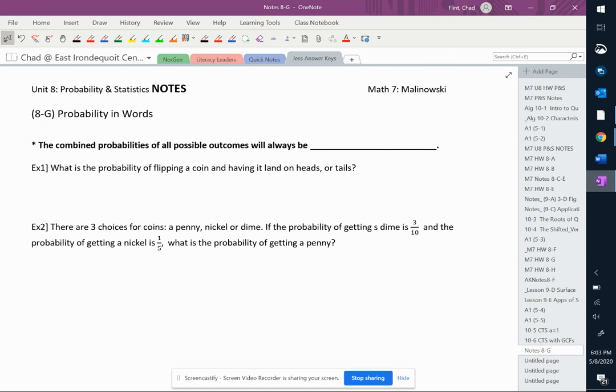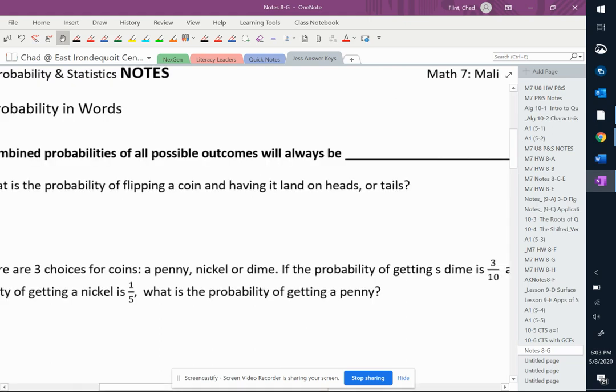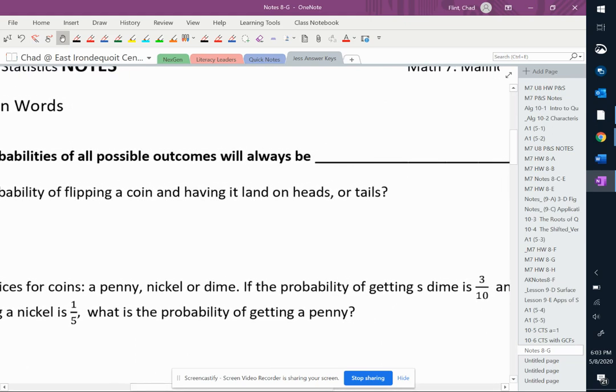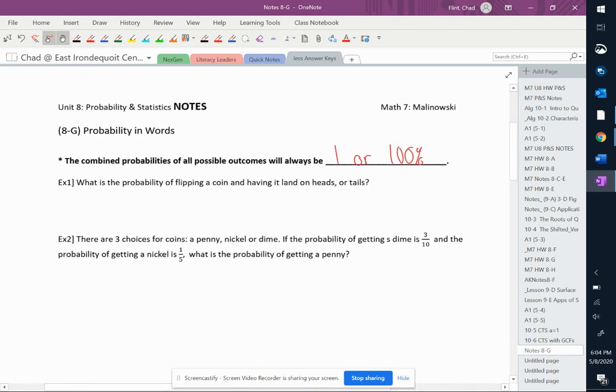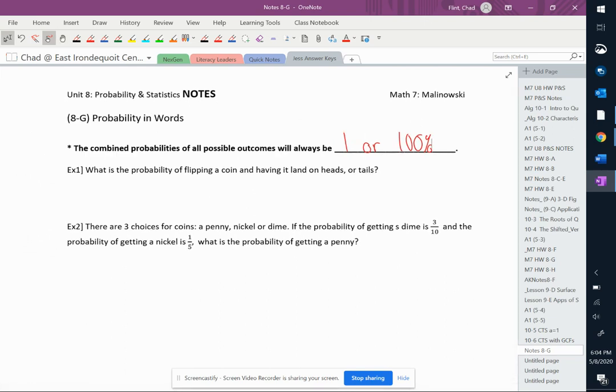The combined probabilities of all possible outcomes will always be 1 or 100%. So the combined probabilities of all possible outcomes will always be 1 or 100%.